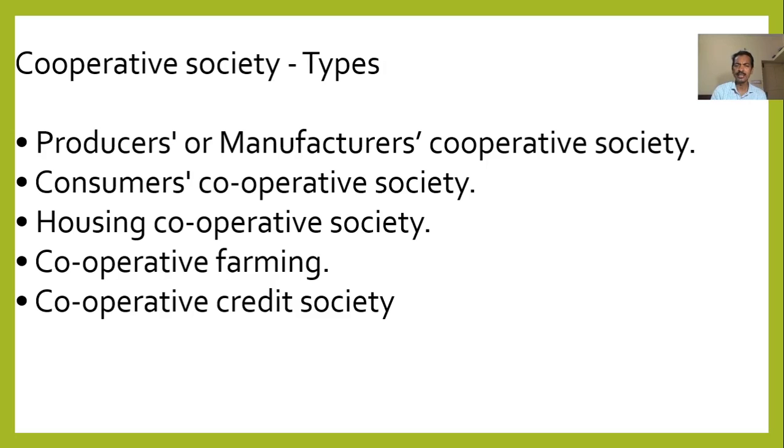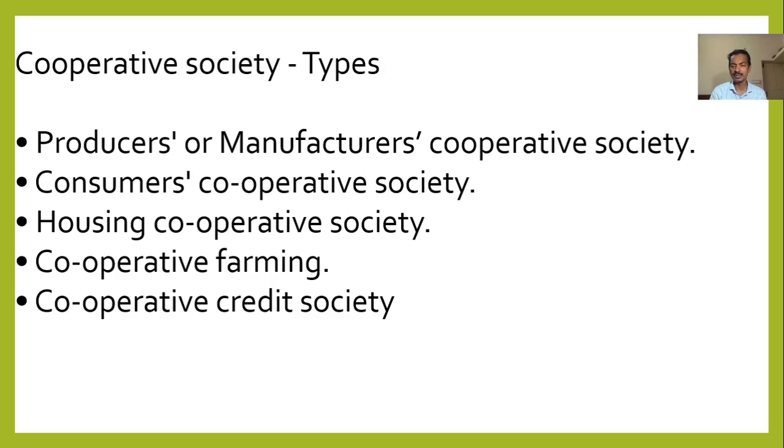And what are the different types of cooperative society? One is the producers or manufacturers cooperative society. Producers, who produce a product, come together and start the business and sell their product.